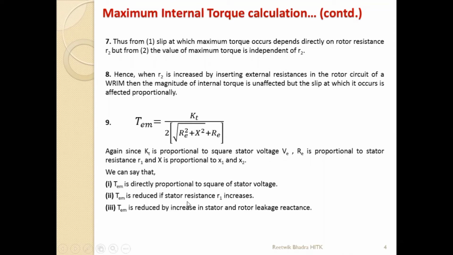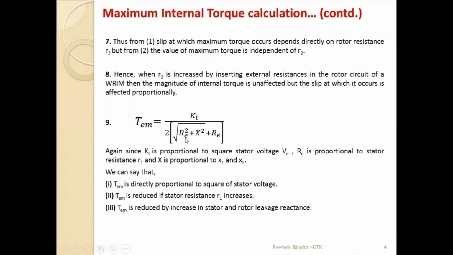Now TEM will be reduced if stator resistance R1 increases. Just now you had checked your formula RE. Where was RE? In that RE there was a term R1. So if you increase your R1, since RE is in a denominator, your TEM will decrease. If this RE is increasing, obviously TEM will decrease because these are inversely proportional. And again, this X term consists of X2, so it is dependent upon your rotor leakage reactance.